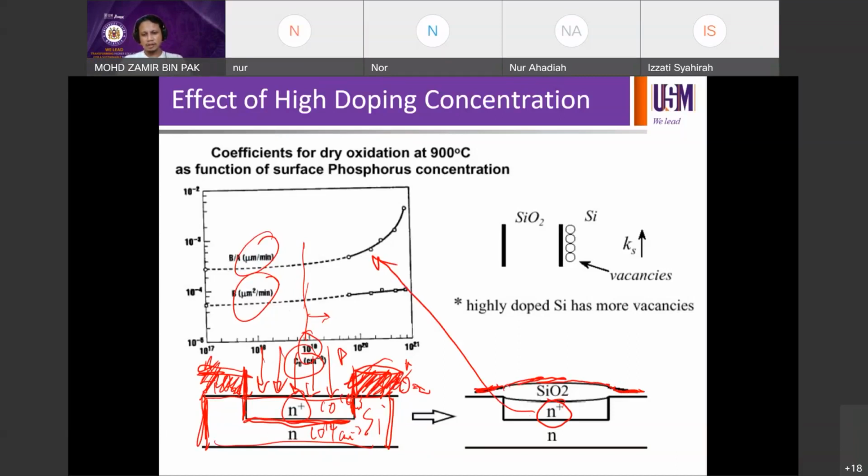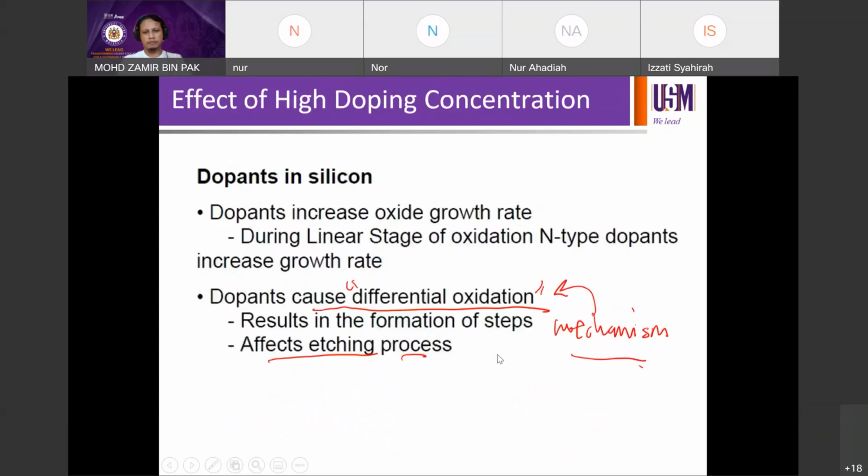So your micron per minute in the central part is higher compared to the sides. Okay, so katalah dia double lah, for example. So katalah kat tengah ni growth rate double, 2x of kat tepi ni katalah x ya, kat tengah 2x. So you're gonna end up like that. You dapat macam ni, dan dia akan kembung kat tengah sebab the presence of N plus, which has caused differential oxidation.